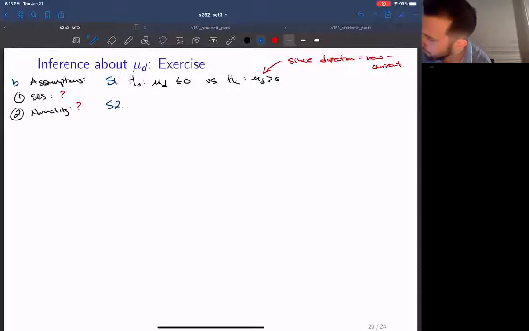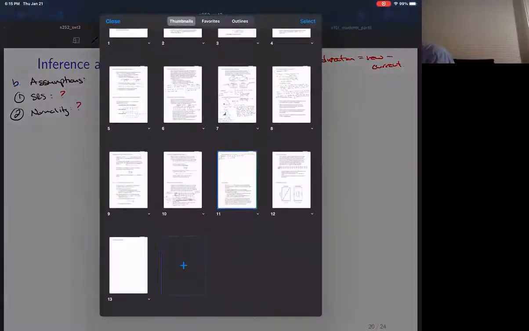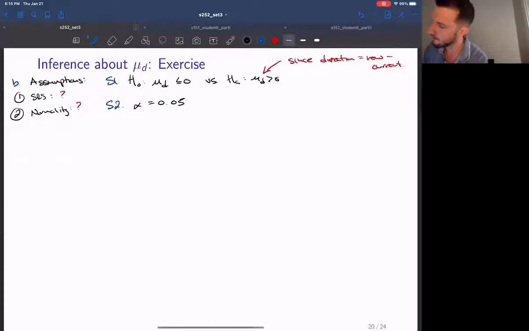Okay, so then on step 2, we have our significance level, which I believe we said was 0.05. Yeah, 5% significance level. Okay, and then on step 3, we can compute our test statistic.